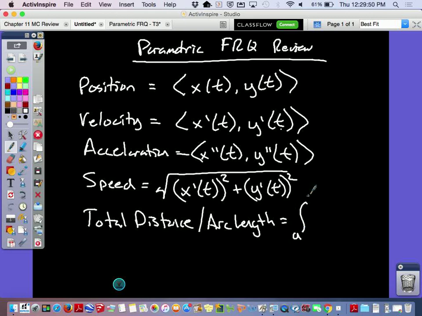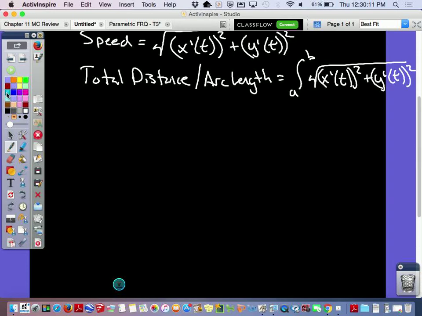It's the integral from a to b of the square root of x prime of t squared plus y prime of t squared. Okay, so those are just basic formulas. When questions are asked about these, it's a matter of knowing the formulas and then just kind of plugging stuff in.